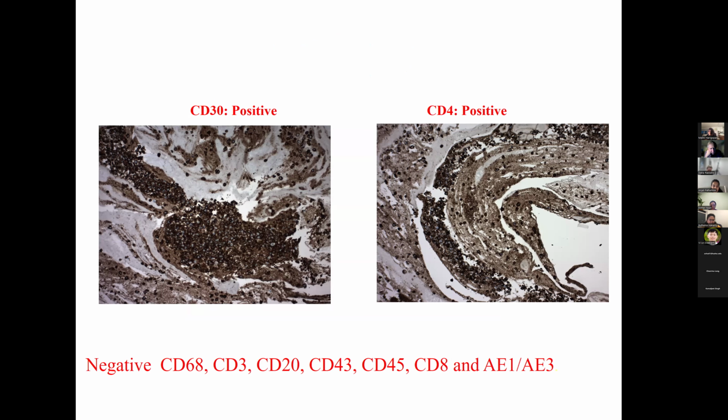In this particular case, it was very helpful because they even sent the same material for flow, but the flow did not capture these cells. It was in the cell block material that we actually got the diagnosis, and this was published in Diagnostic Cytopathology maybe a few years ago. Implant-associated lymphoma is very rare actually, so when you see something like this it's important to publish it because there are very few reports.